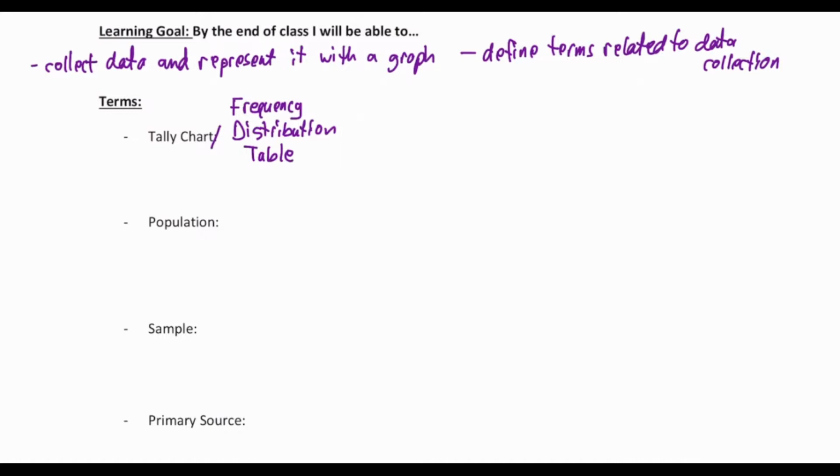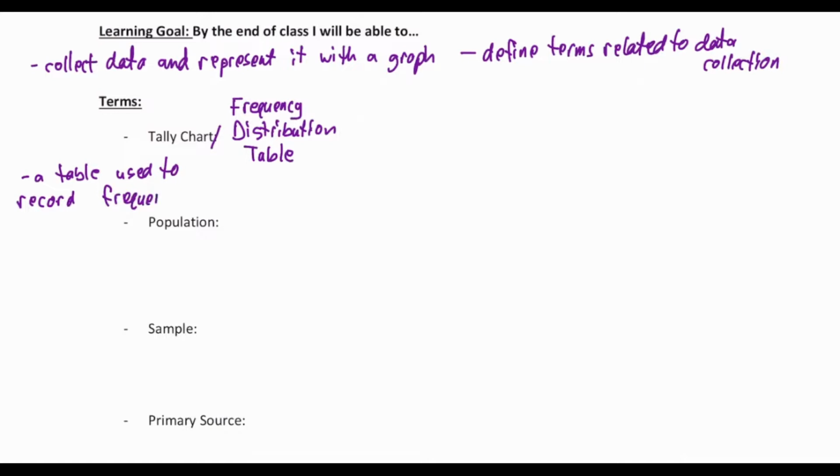In general terms, a tally chart or a frequency distribution table is a table used to record frequency.